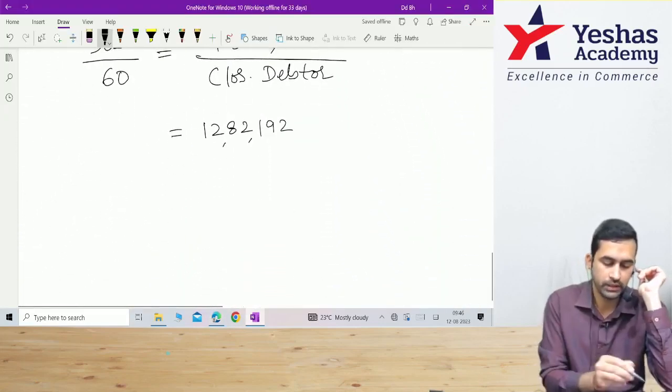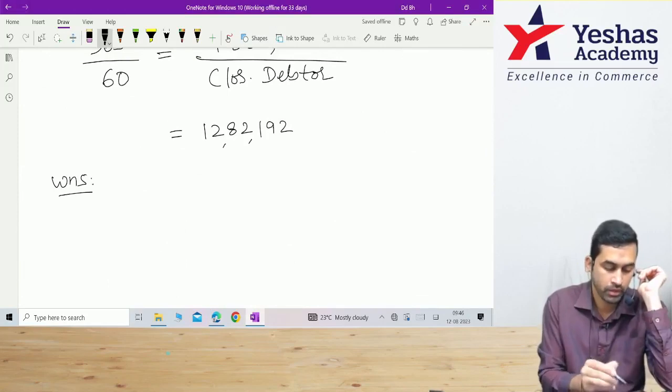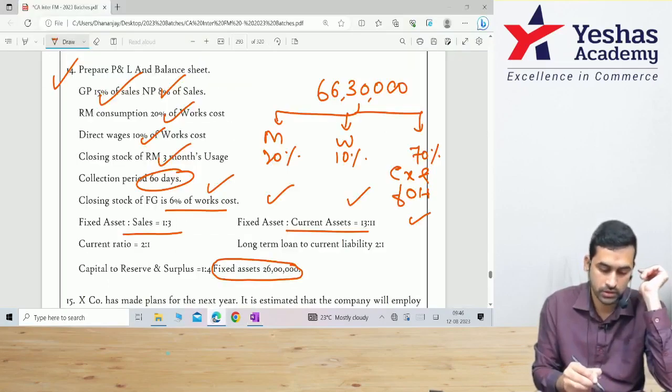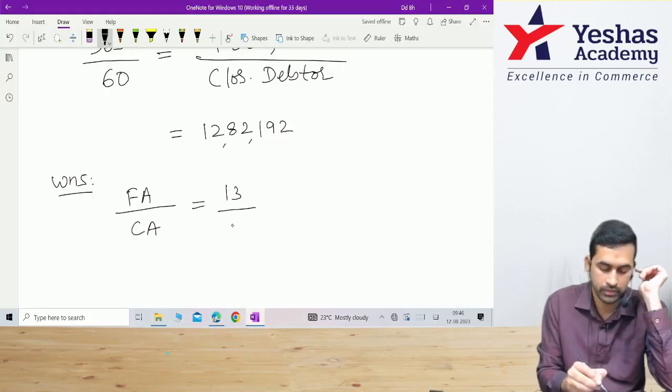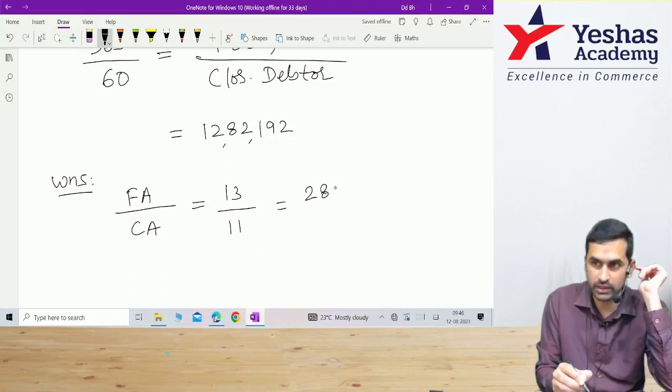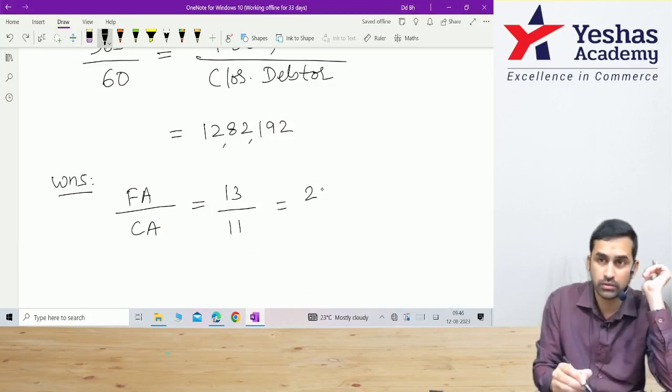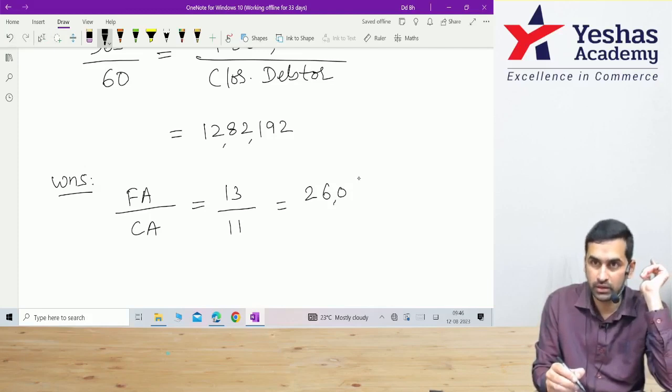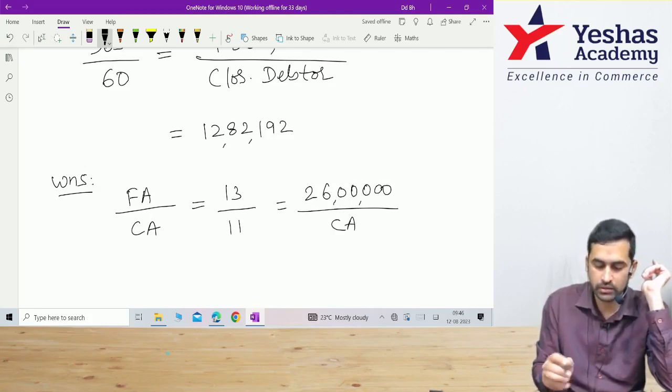Working note 5. Fixed asset to current asset is 13 by 11. It's 28 lakh or 26 lakh? Here I'm asking fixed asset. 26 by current asset.